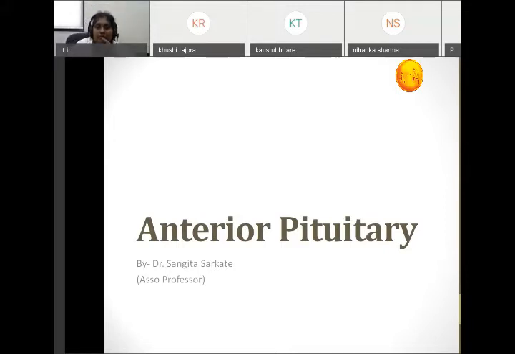Now, which hormones are secreted by the anterior pituitary? Growth hormone, thyroid stimulating hormone, ACTH, corticotropin, adrenocorticotropin hormone, follicle stimulating hormone, luteinizing hormone, and prolactin.